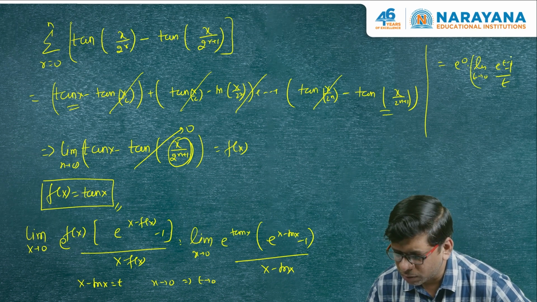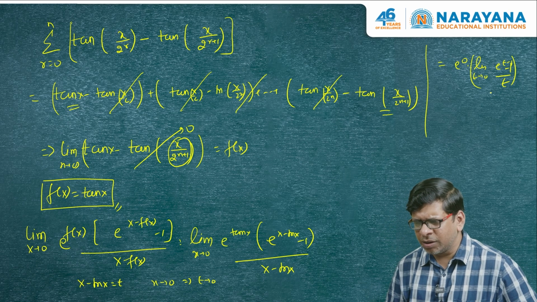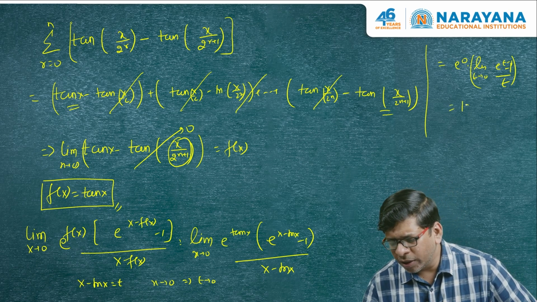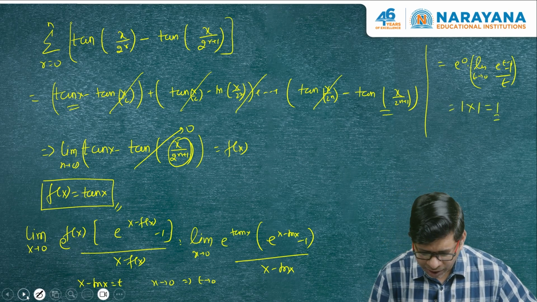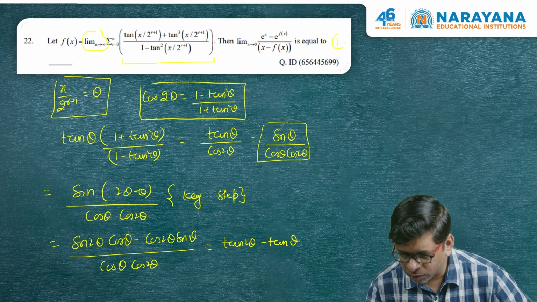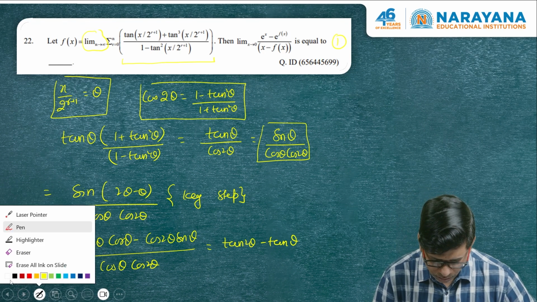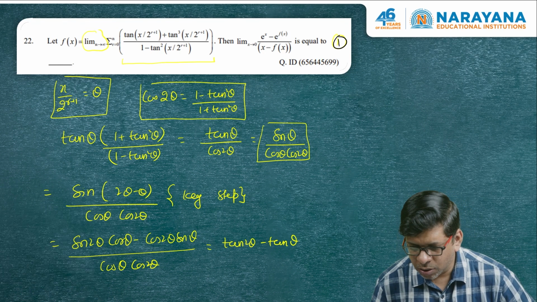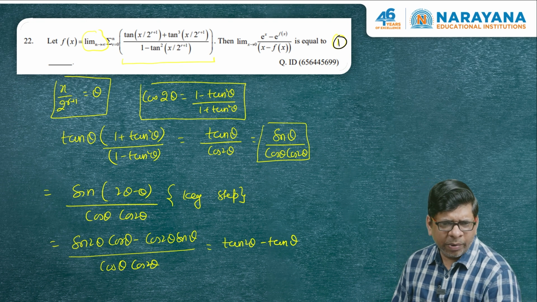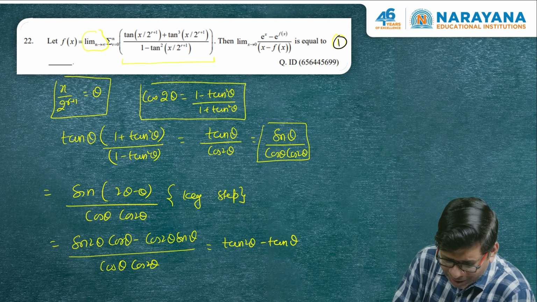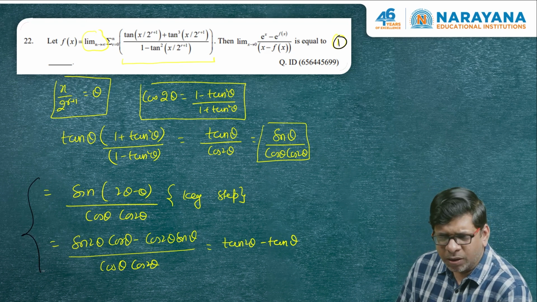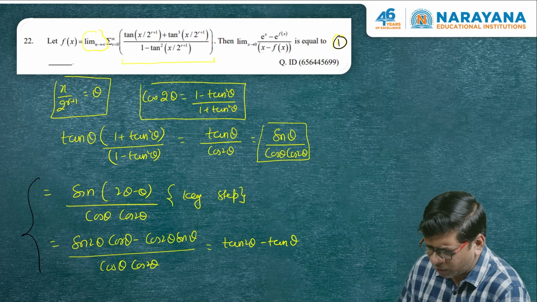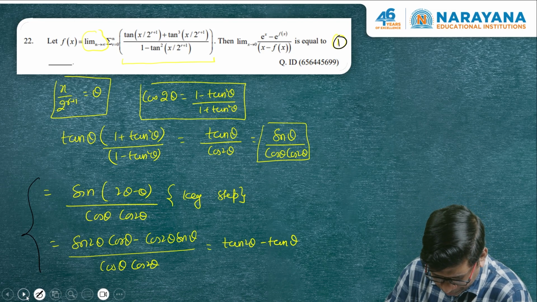Standard form, we can use L'Hospital's rule also, and this is a standard form which is 1. So 1 into 1, this is 1. So 1 is the correct answer for this question. Many students have solved this question, but yes, this is the tricky part: how to convert this into telescopic form.